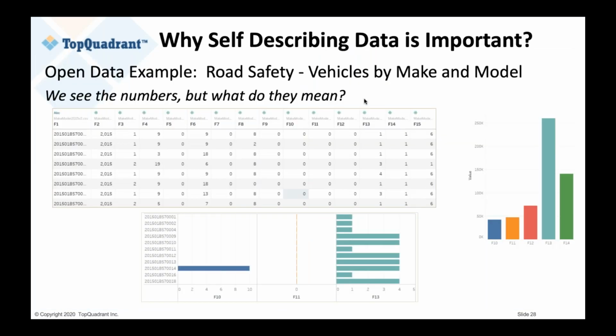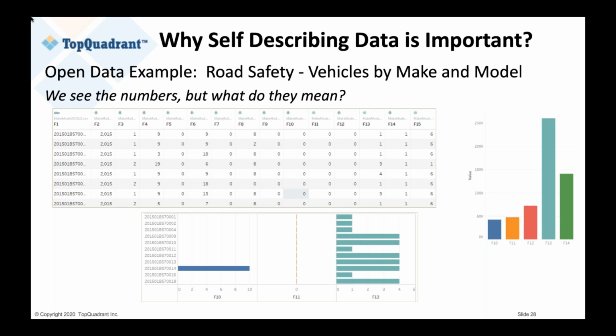I want to explain it by example. So why is self-describing data important? Here's an open data example. We've got some information about road safety, vehicles by make and model, and there's a bunch of data. There is some metadata, so there are labels.